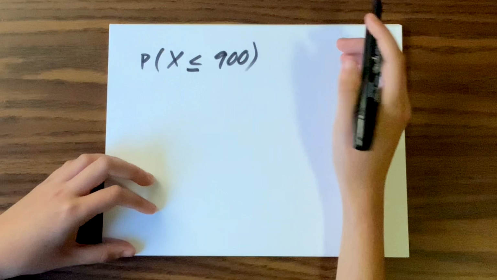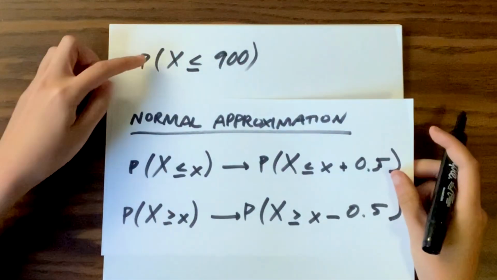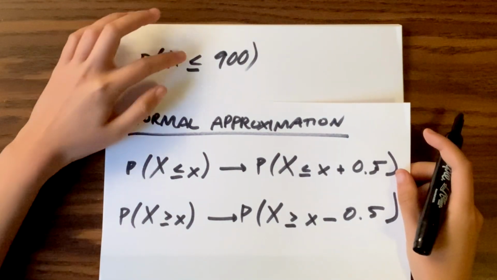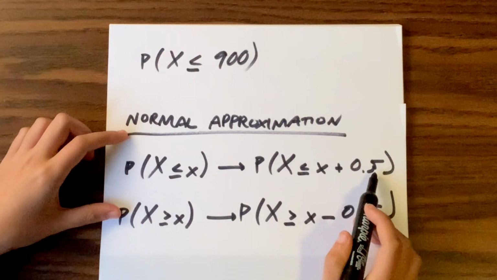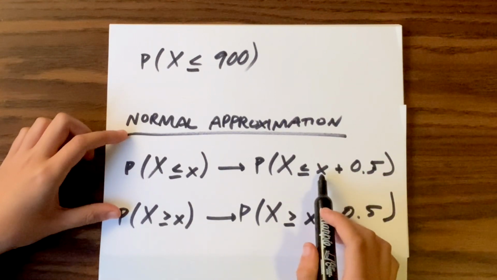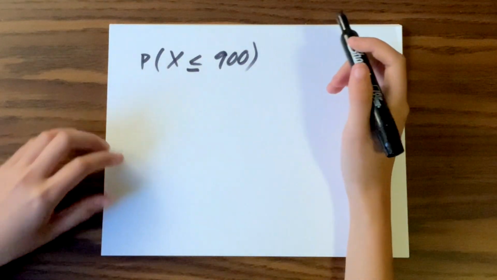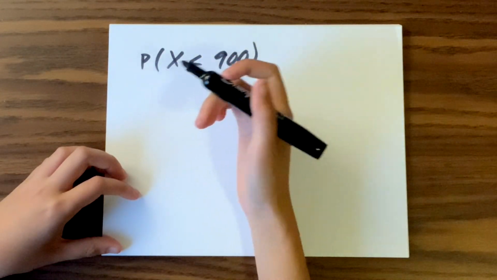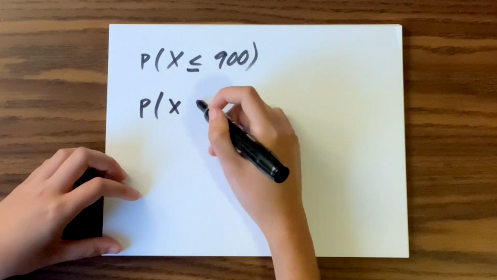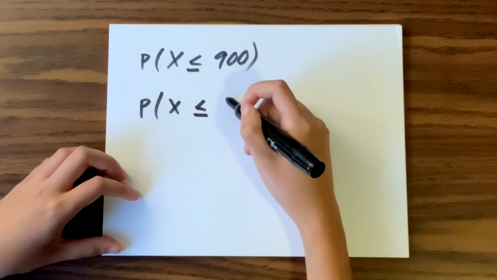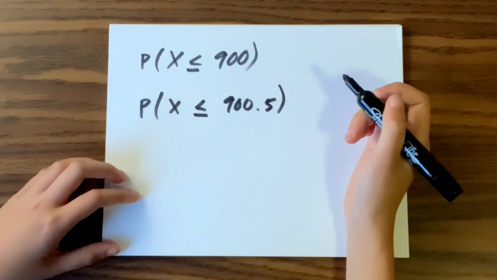And so we can look back at our normal approximation rules and see that this is where the random variable is less than or equal to some value. So we're going to add 0.5 as our continuity correction to whatever our value is. In this case, it's 900. And so here we'll rewrite this by accounting for a normal approximation, saying that the probability of x is less than or equal to 900 plus 0.5, which is 900.5.